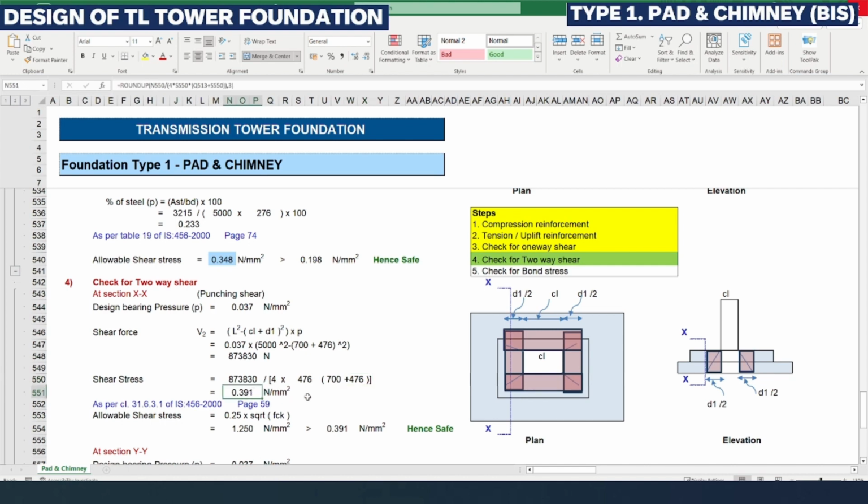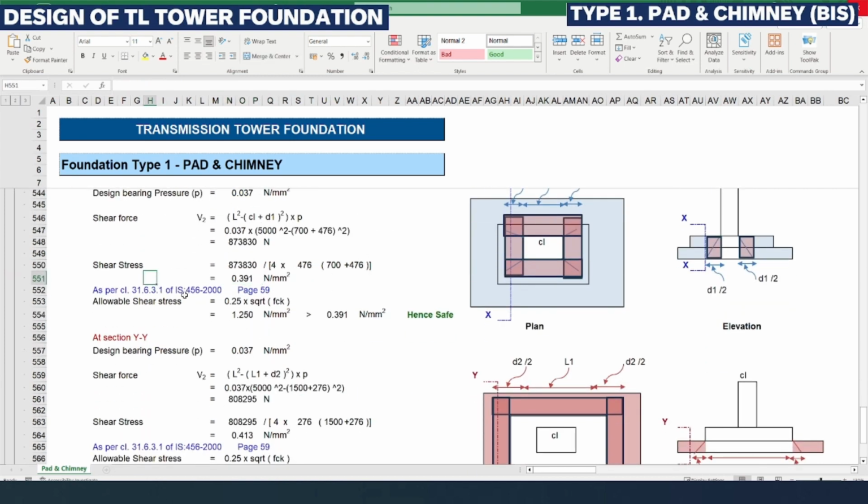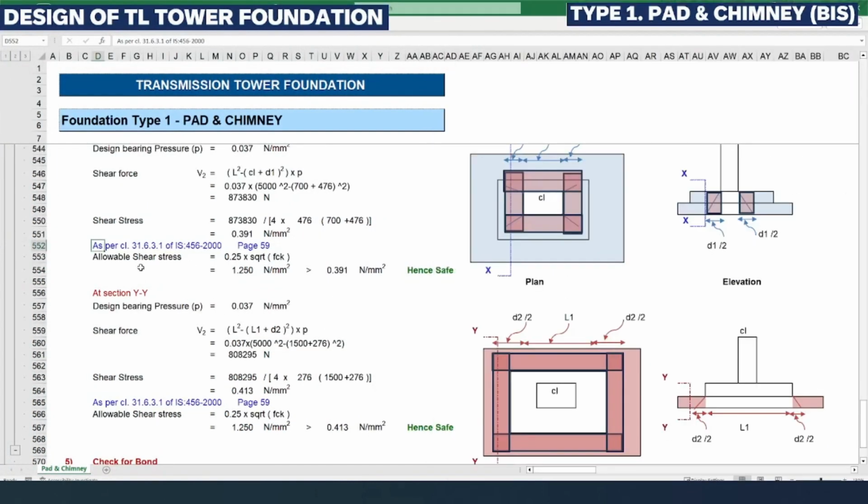Now the shear stress is 0.391 Newton per millimeter square. According to IS 456 we need to check. To find the allowable shear stress we need to refer to clause 31.6.3.1 of IS 456 2000.